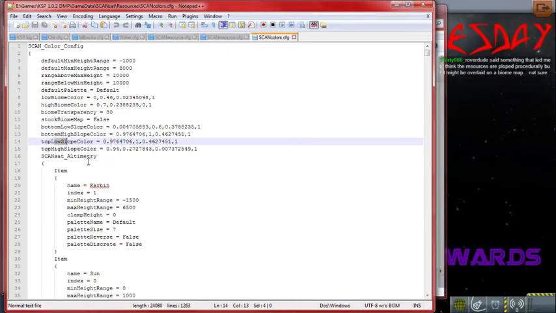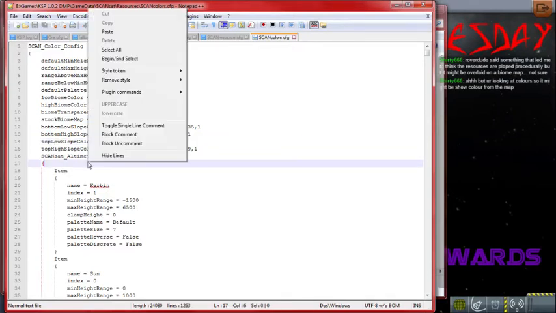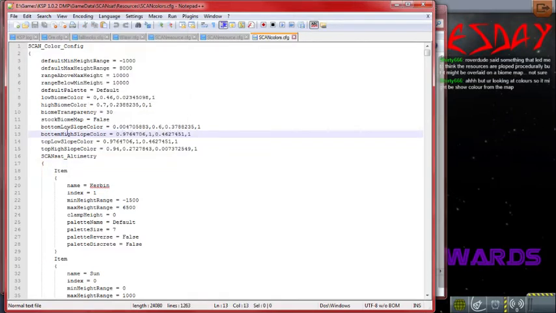Which is basically referring to the high and low altimeter scans that are in ScanSat.